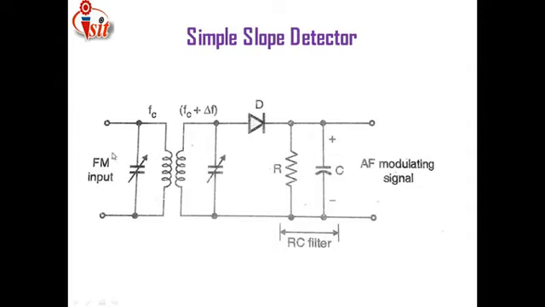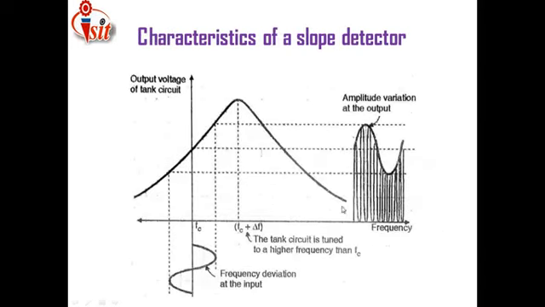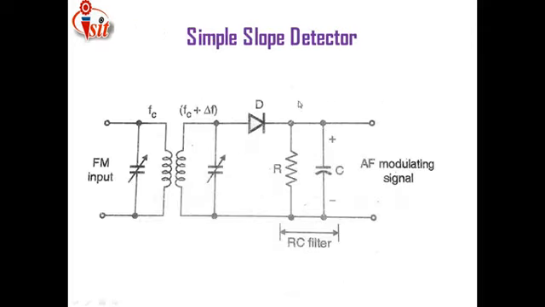That controlled frequency is nothing but the carrier frequency. Then, by using this transformer, we apply Fc plus delta F, that is the peak frequency range, to the secondary of the transformer. And this is the diode we are using as a switch for the detection purpose.